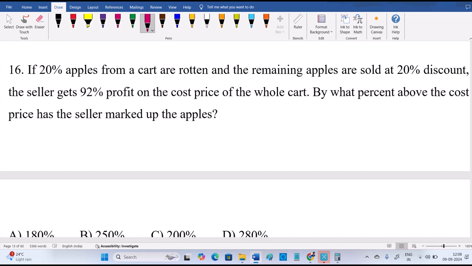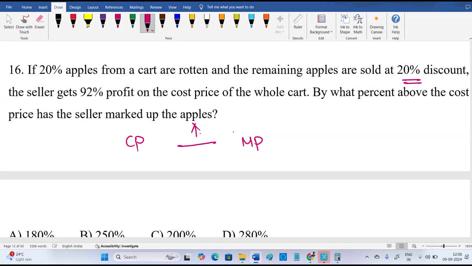See, 20% of the apples are rotten, gone, and the remaining apples are sold at a 20% discount. And the seller gets 92% profit on the cost price of the whole. By what percent above the cost price should you mark? See, you need to increase the cost price, then the marked price is there.